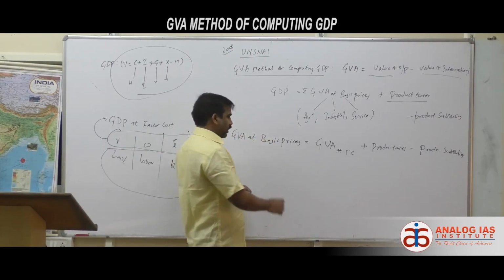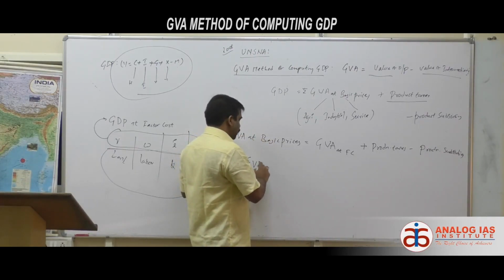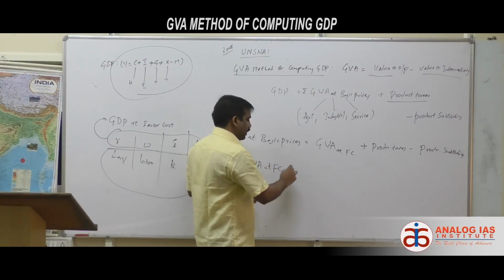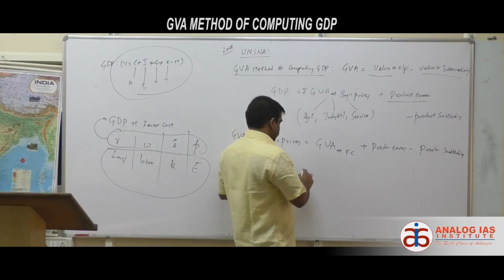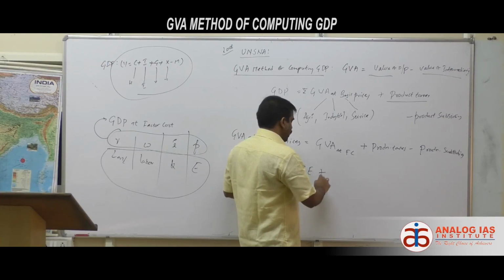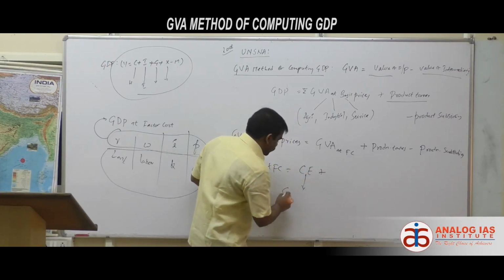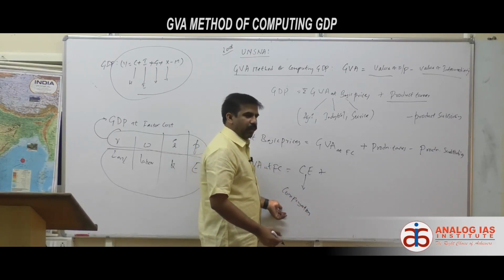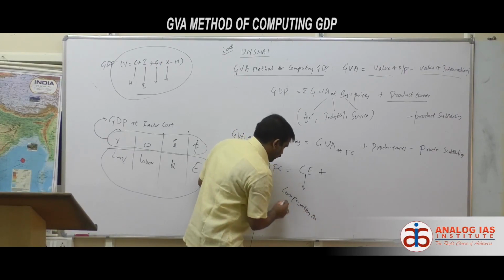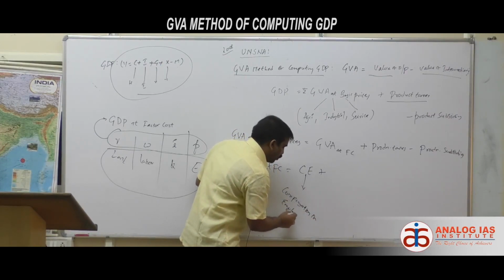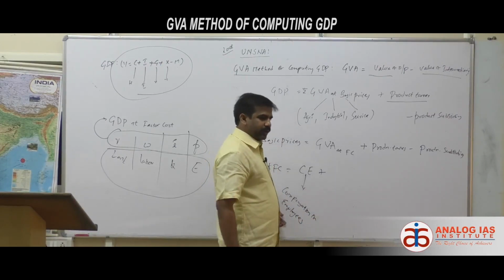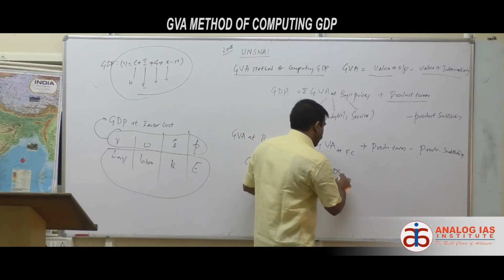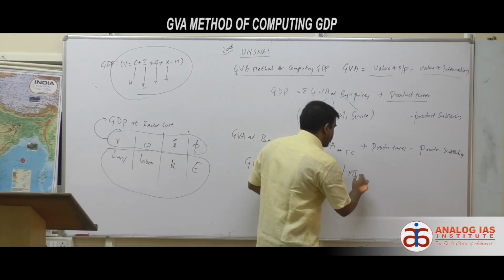How is it calculated? The formula to compute GVA at factor cost is simply given by CE, which stands for compensation of employees. Simply speaking, the wages you pay to employees, the amount of money you pay to your employees, plus operating surplus or mixed income.